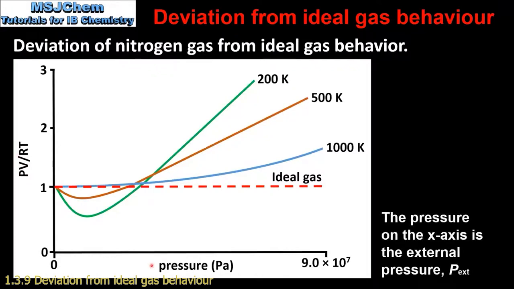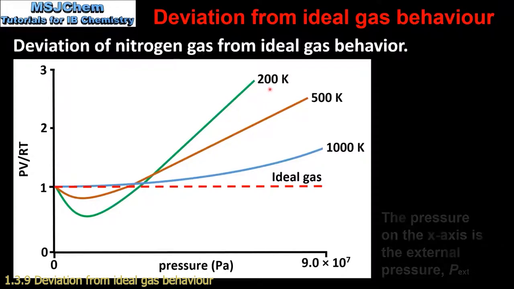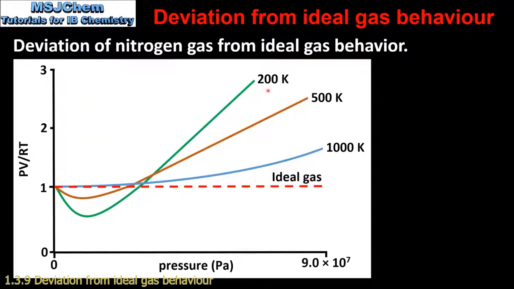In this graph, on the y-axis, we have the product of PV over RT. On the x-axis, we have pressure. From the graph, we can see that for an ideal gas, the product of PV over RT is equal to 1 at all pressures. The 3 curves on the graph show the deviation of nitrogen from ideal behavior at 3 different temperatures. The greatest deviation from ideal behavior occurs at 200 Kelvin.